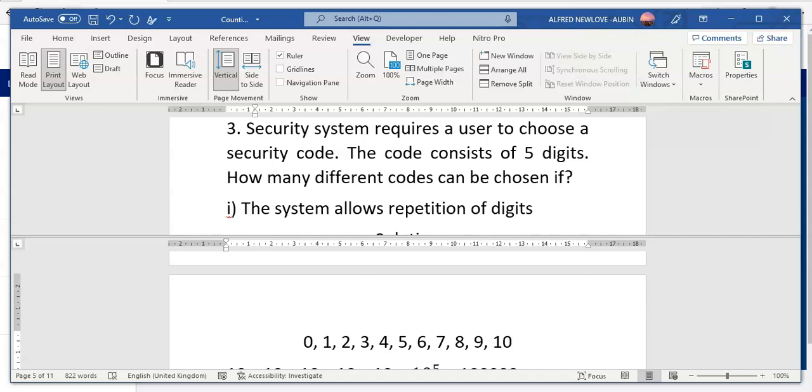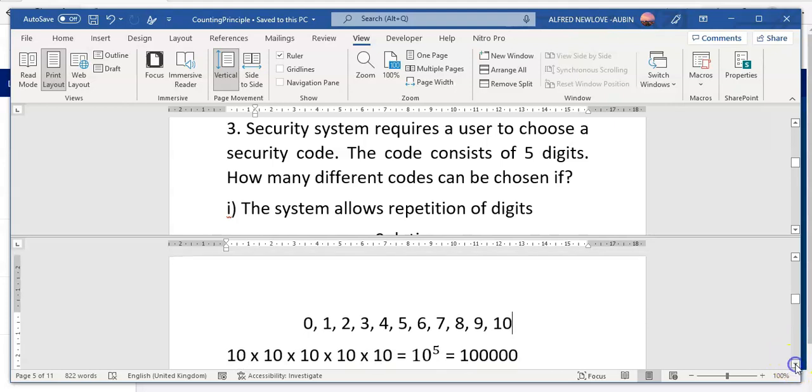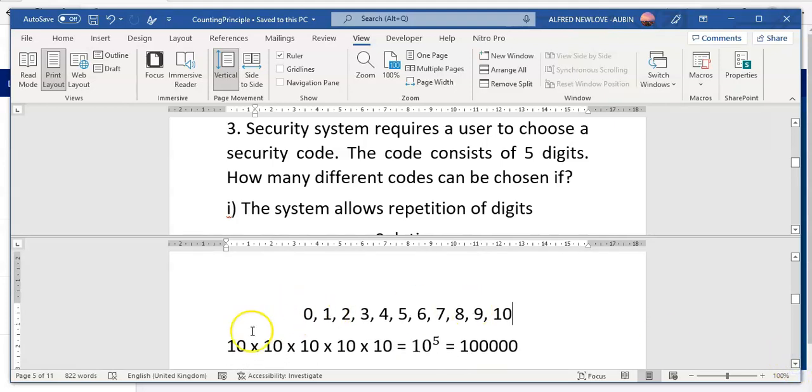They are 10 digits. The system allows repetition of digits, and we are supposed to create a 5 digit code.